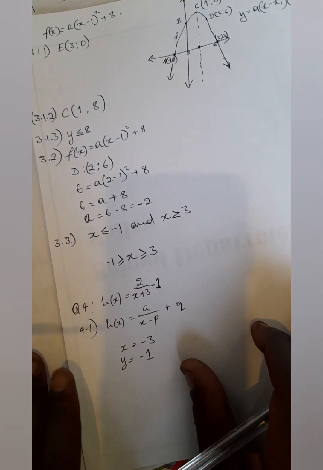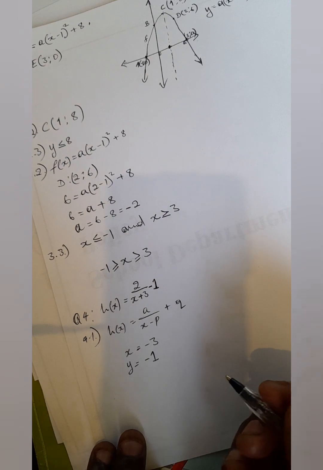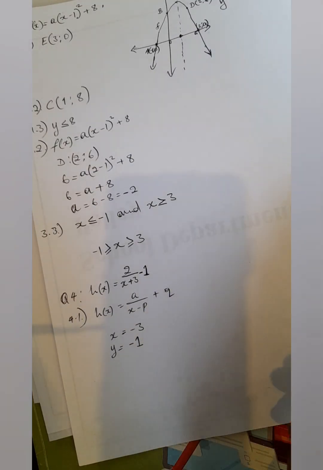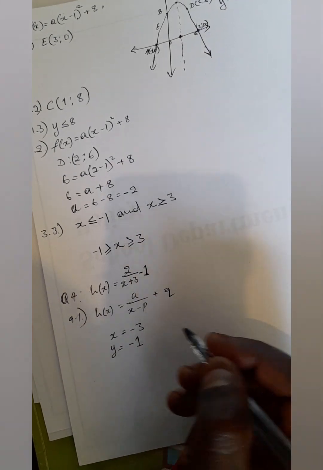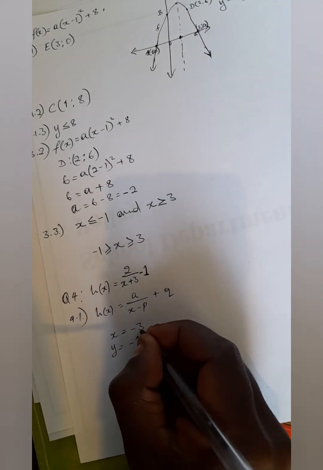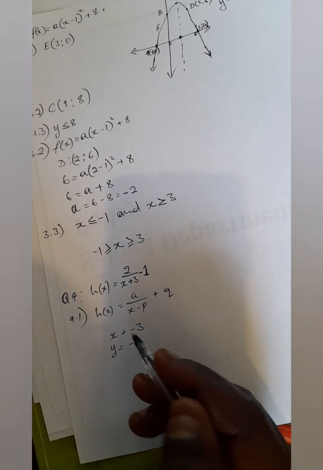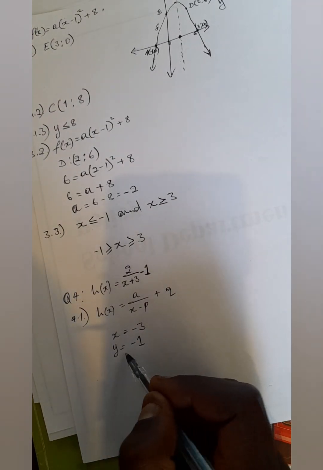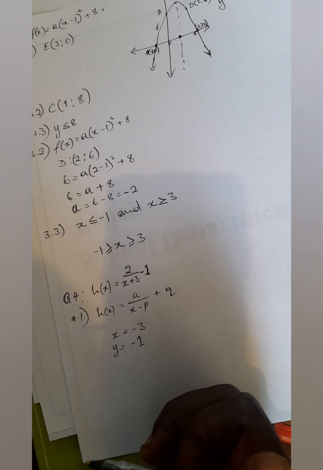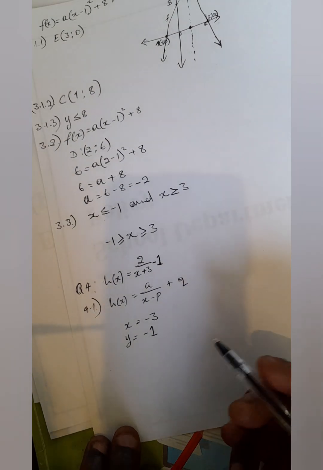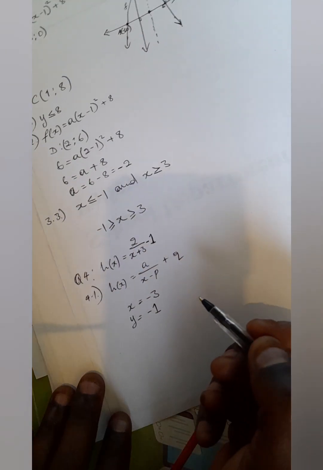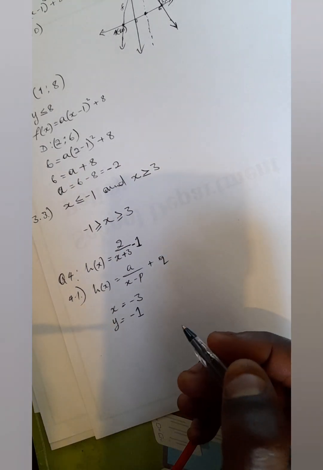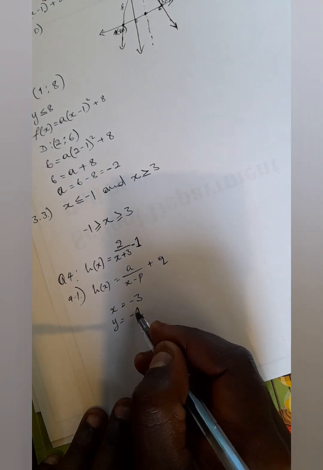Meaning your graph will not touch a line passing through x equals -3 and y equals -1. There are two lines of symmetry, and those lines will intersect at (-3; -1).